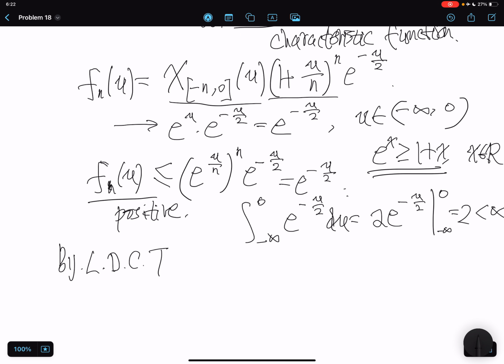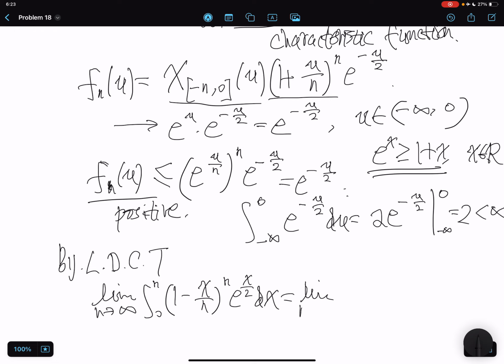So by this, we have the limit as n goes to infinity of the original one, from 0 to n, (1 - x/n)^n e^(x/2) dx. By the change of variable, we know this is just the integral from minus infinity to 0 of f_n of u du, right?